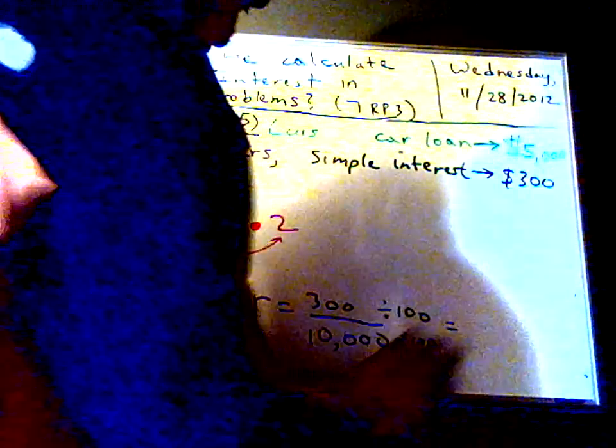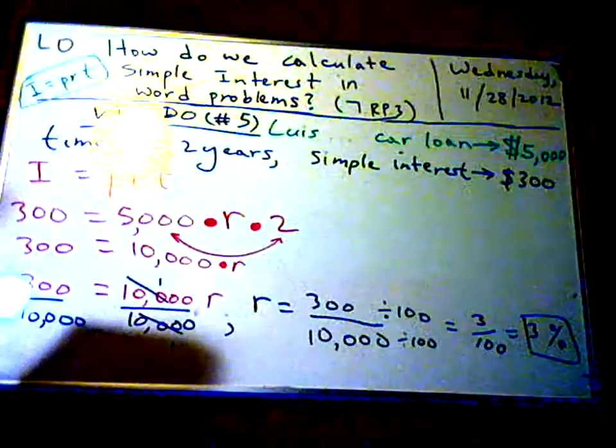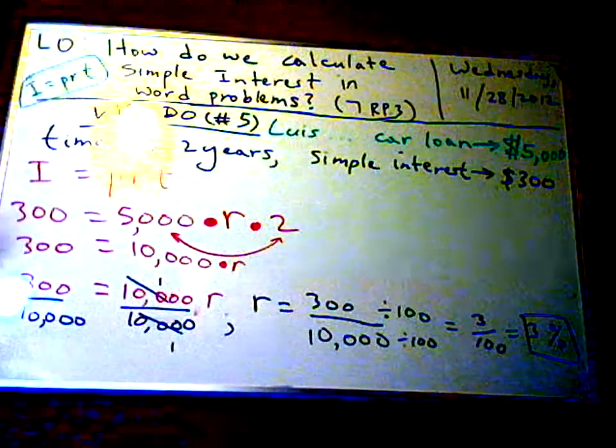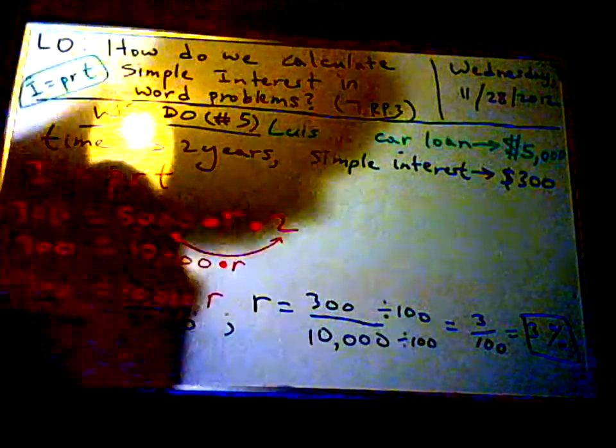And that would give me 3 over 100, which is 3%. So the interest rate is 3%. Alright? Okay, enjoy, watch, and learn.